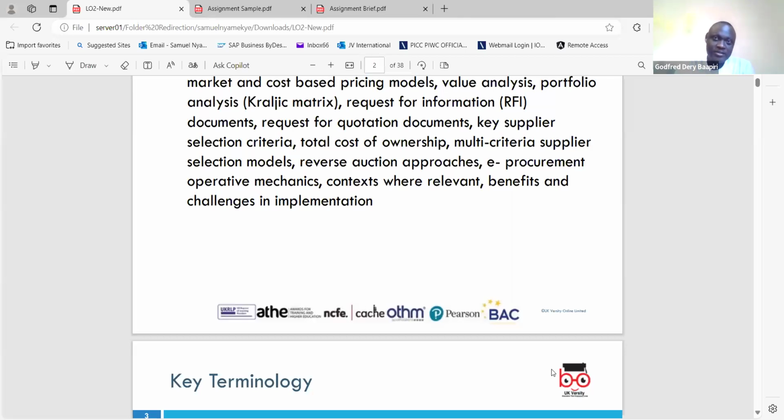The price of the car is like the surface value of the car, but the cost of the car will move beyond the surface value to looking at maintenance of the car, insurance of the car, the road tax of the car, and all other costs that have to do with the car.